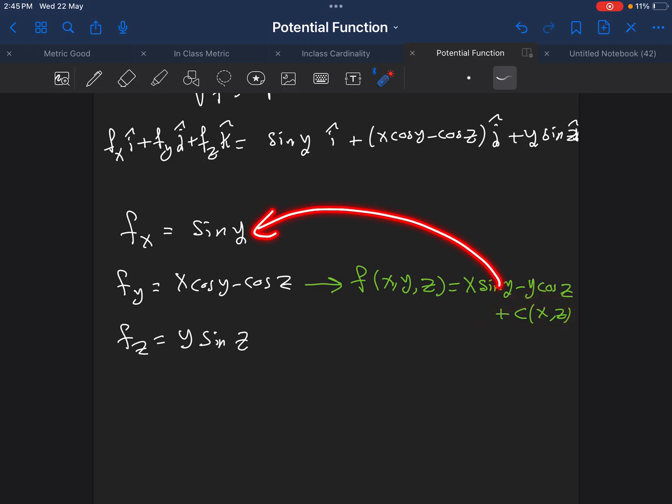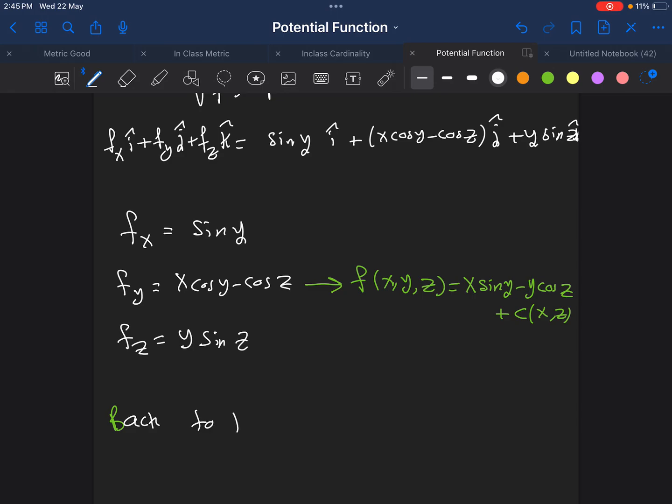So I will substitute in the first equation. If we go to the first equation, we find the derivative with respect to x.